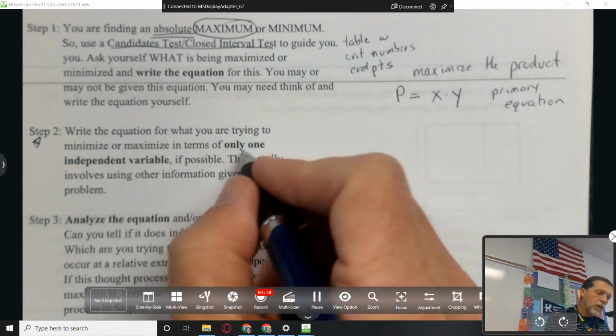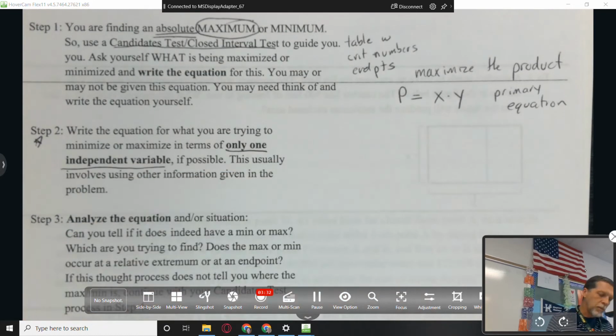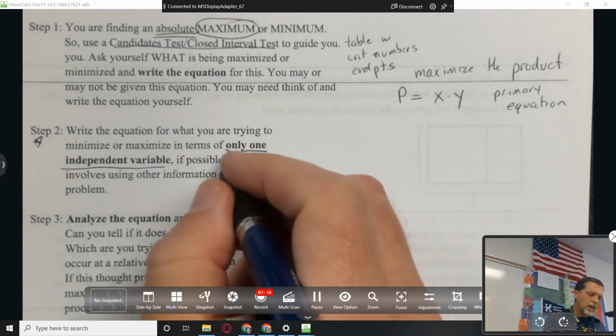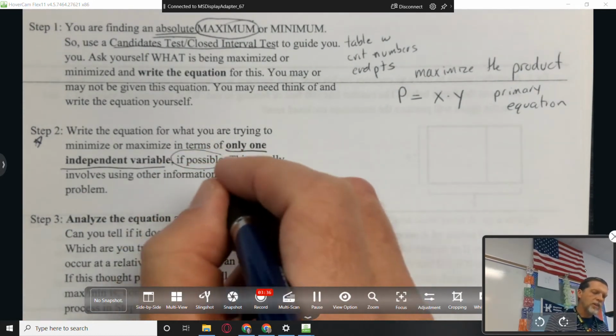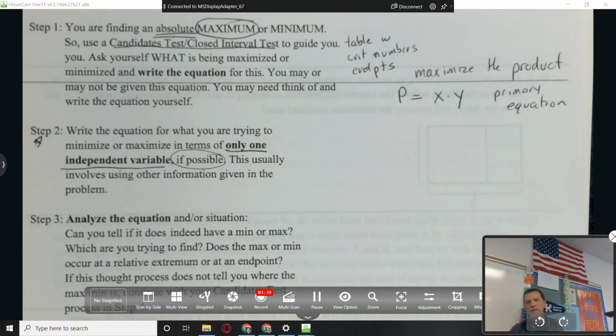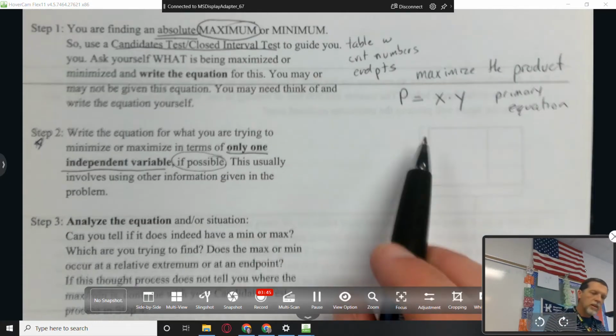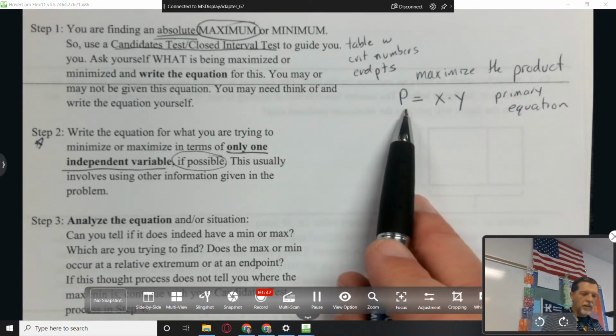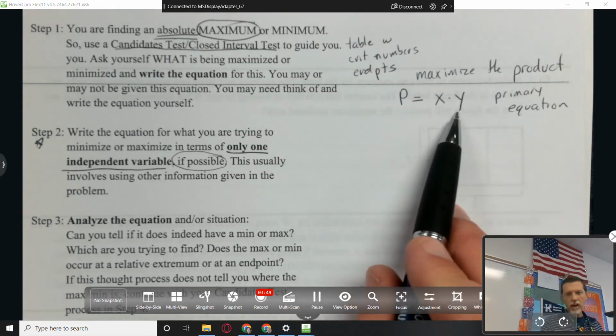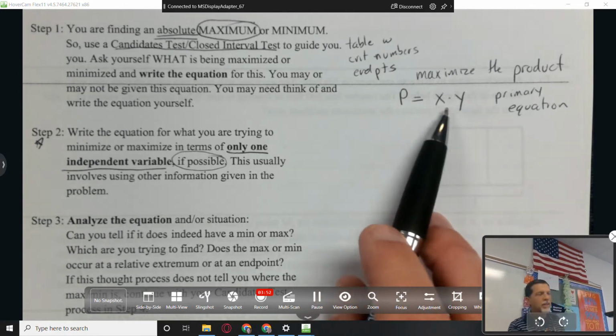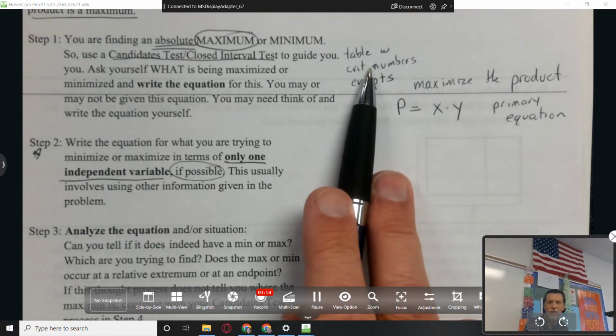In terms of only one independent variable, if possible. I think for us it's always going to be possible, because if it's not, we'd really be stuck. This usually involves other information in the problem. So I'd like to maximize P, which is x times y. Maximize means I'll need to take a derivative to find those critical numbers.